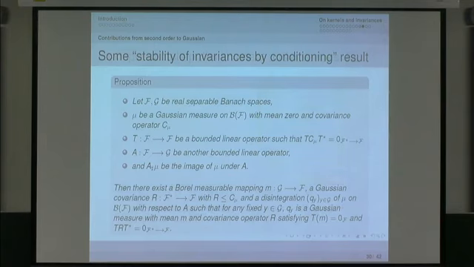And now I will just show this result that is a little bit heavy. It took some time as well to write up, by going through the literature on Gaussian measures on Banach spaces.